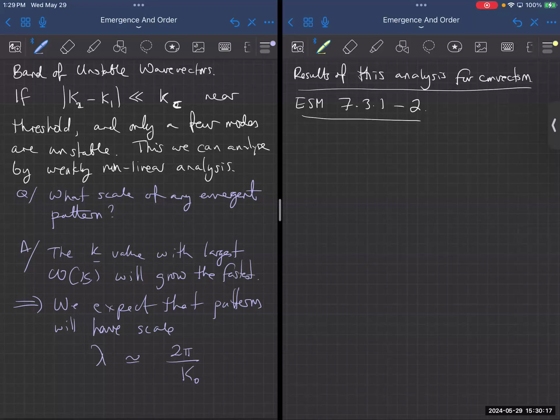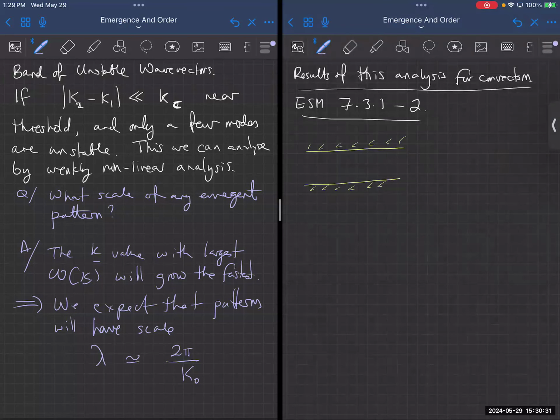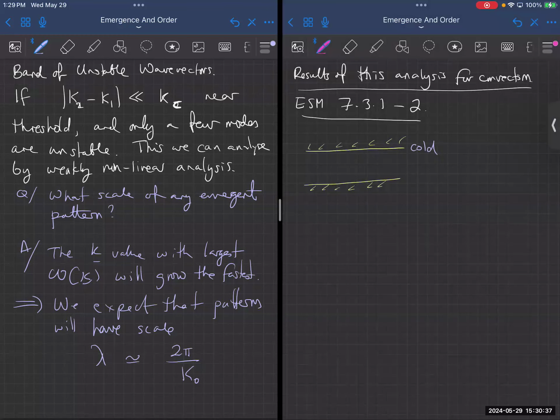So what you end up doing is we have our fluid that looks like this. That's cold. This is hot.